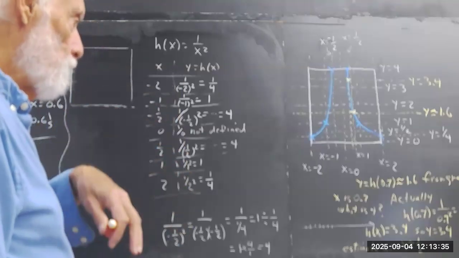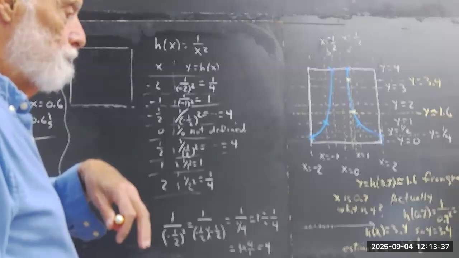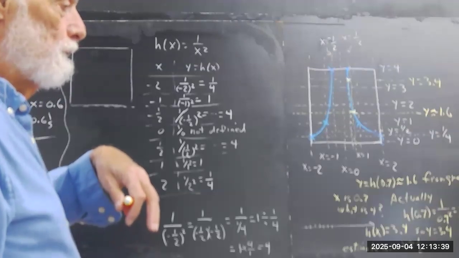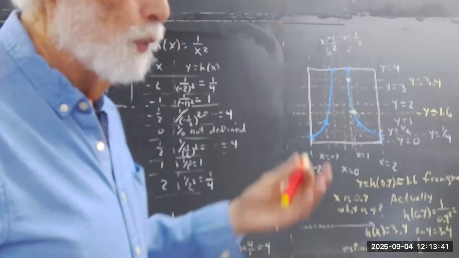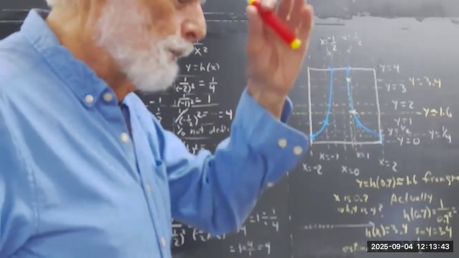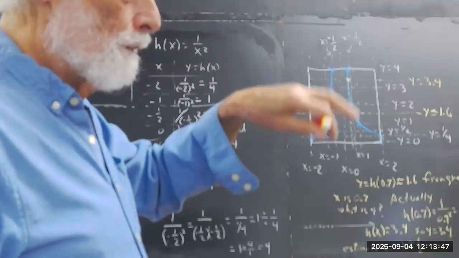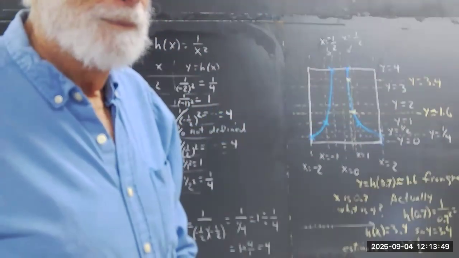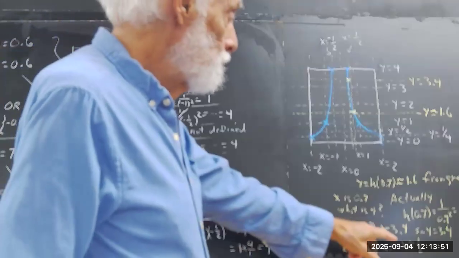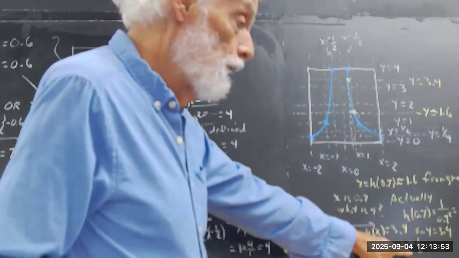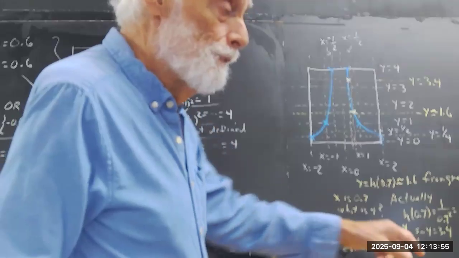So it's reciprocal of 1.8, which is like 0.4. 0.45 or something like that. Okay, pretty close to 1/2, but not exactly.